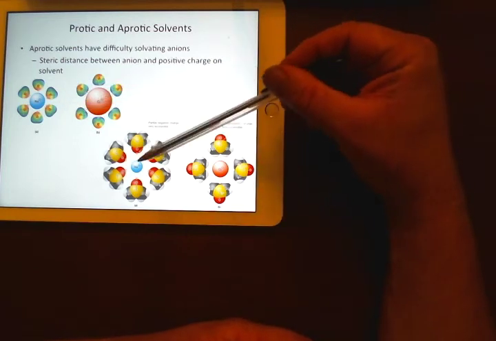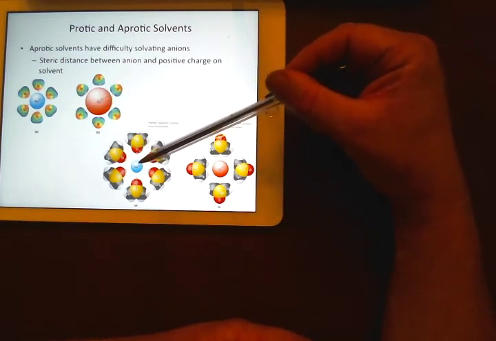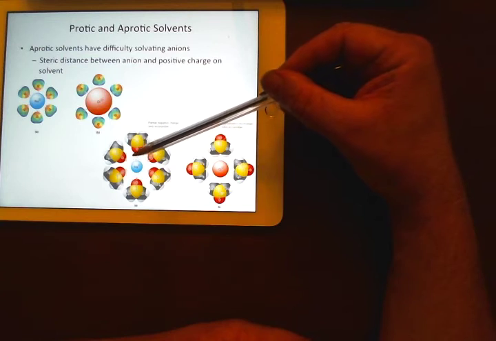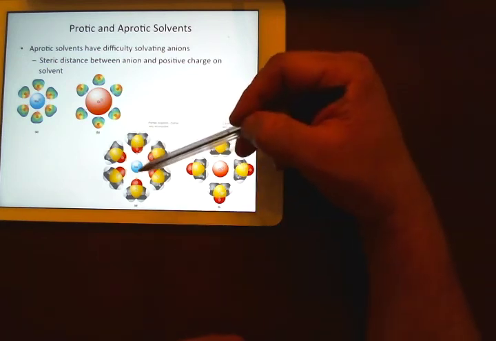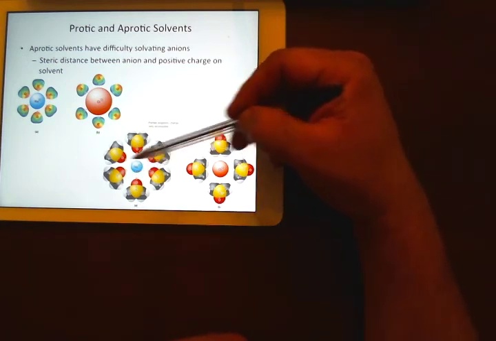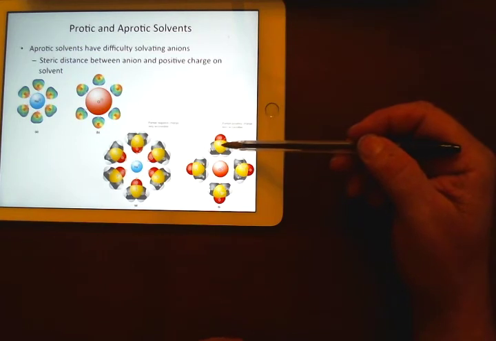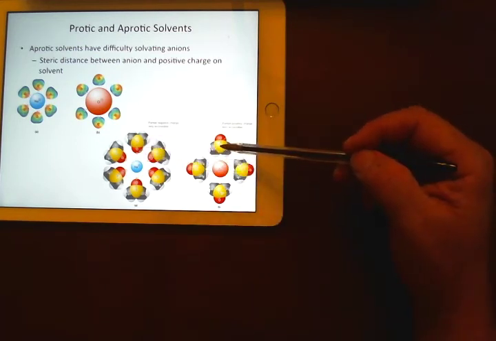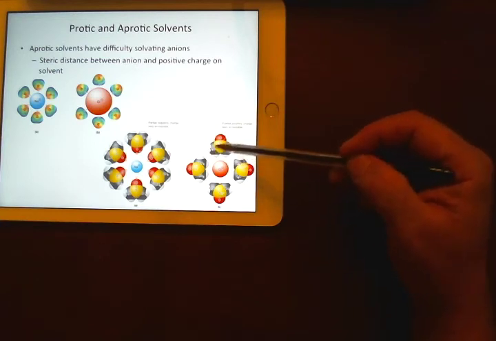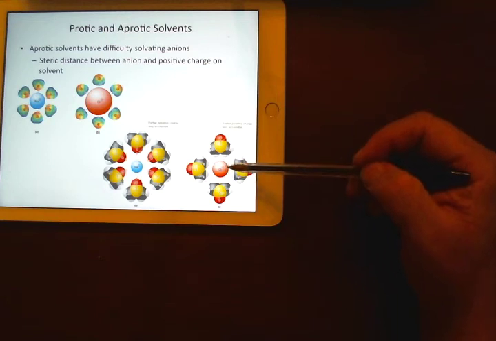For DMSO, the oxygen of the DMSO can come in here and get really close to the cation here, this is sodium. But the problem is the negative charge is on the oxygen. The positive charge is on the sulfur, and it has these methyl groups in the way, so it has a hard time getting close to, say, the chloride.